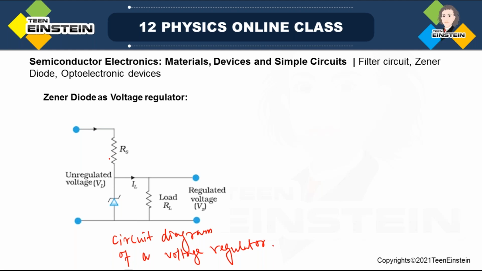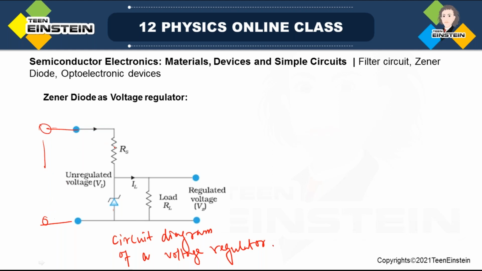This circuit consists of a Zener diode and a series resistor with the Zener diode. So RS is connected in series with the Zener diode. One end of this resistor is connected to the unregulated DC supply, here.